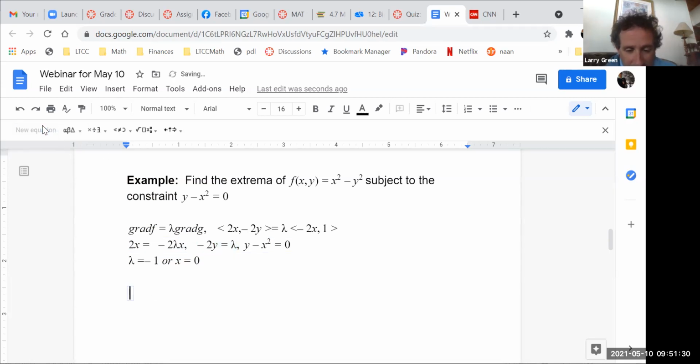So let me go comma 1/2. Now, if y is 1/2, what is x? Look at the third equation.